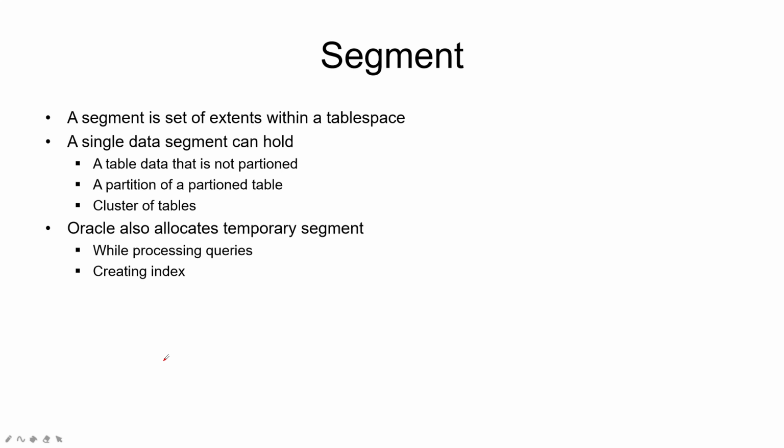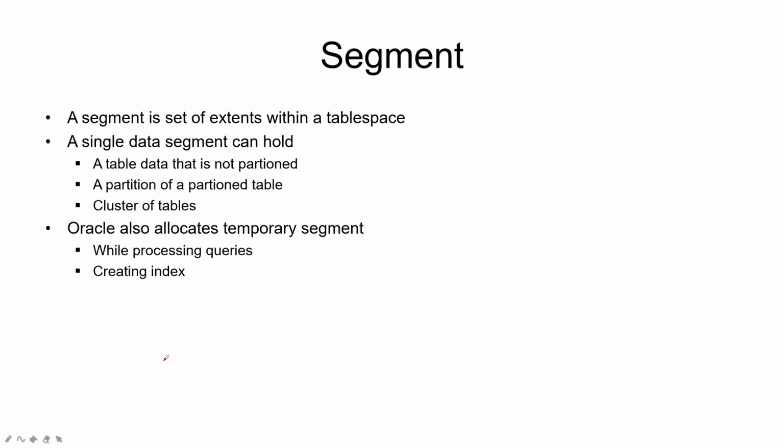This is about the segments. Now what is a segment? As I mentioned here, a segment is a set of extents within a tablespace that contains all the data for a specific logical structure within the tablespace, which means Oracle allocates one or more extents to form the tablespace data segment, right?